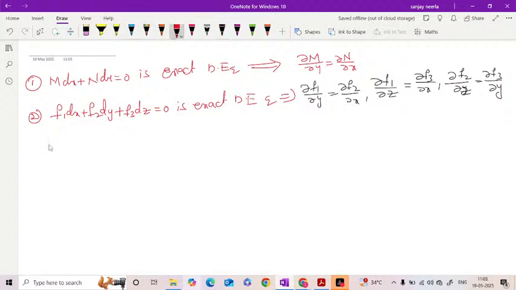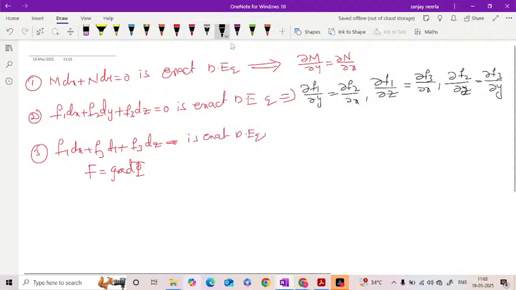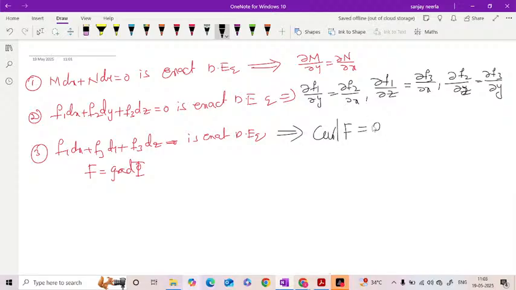And moreover, one more point I am writing. f1 dx plus f2 dy plus f3 dz is equal to 0. Here f is equal to gradient of pi, we know that. And if it is an exact differential equation, definitely the curl of this vector f must be 0, where f is equal to f1 i plus f2 j plus f3 k.